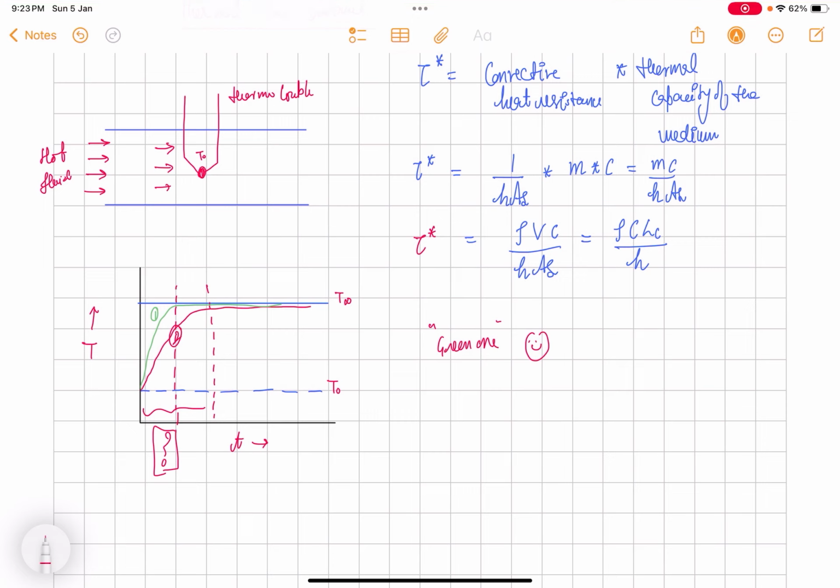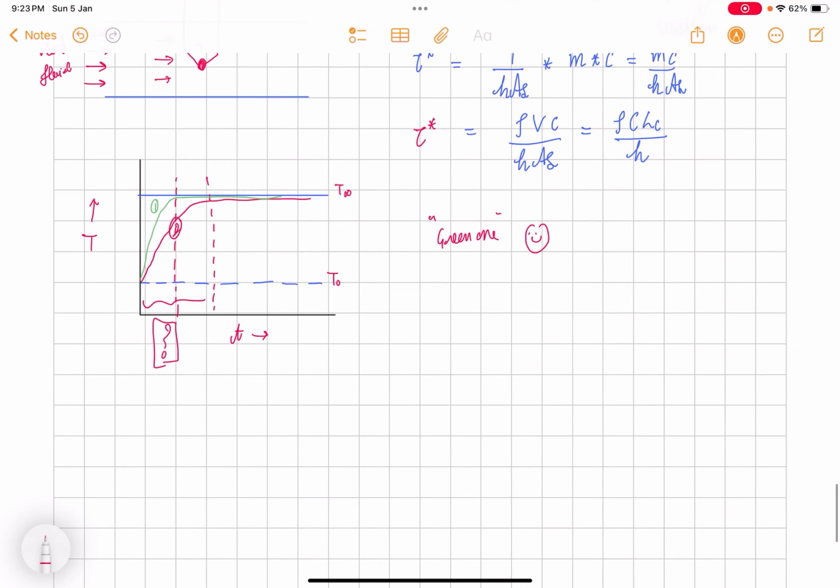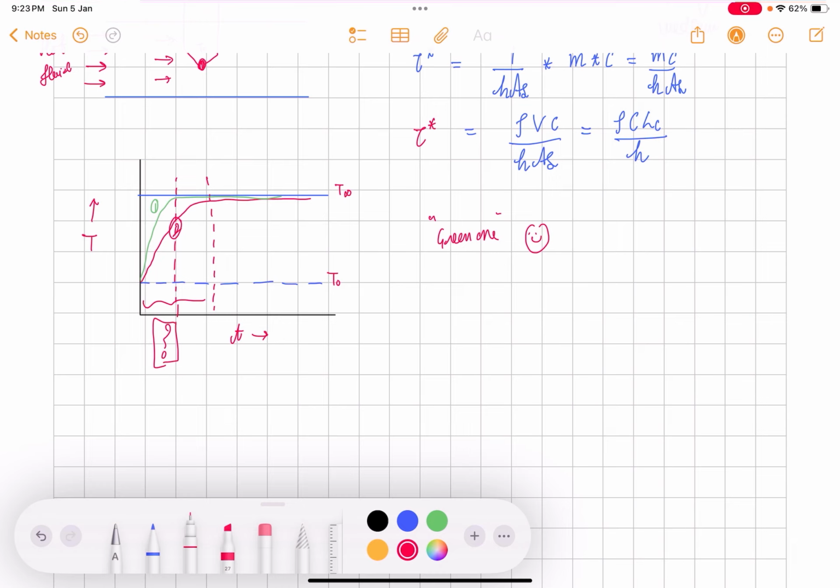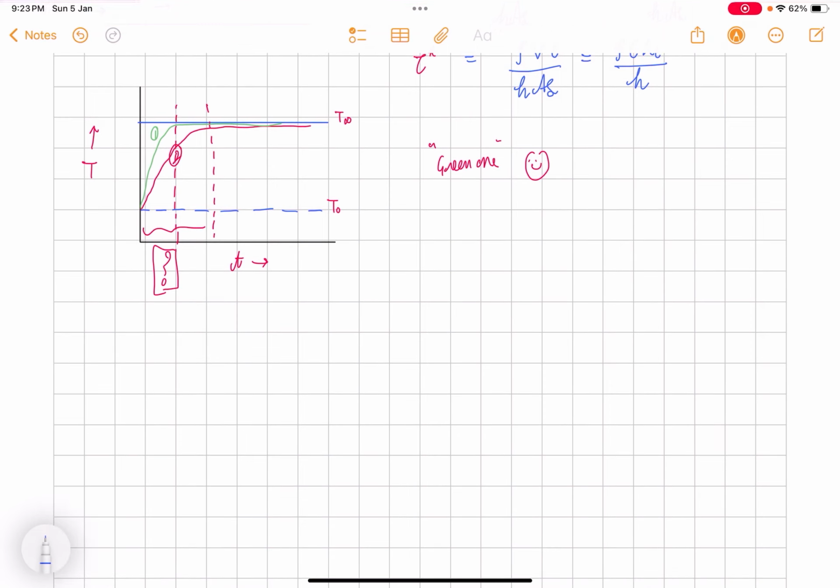We are doing the lumped heat capacity analysis. We have seen that for a lumped body this relation is valid; we have derived it.